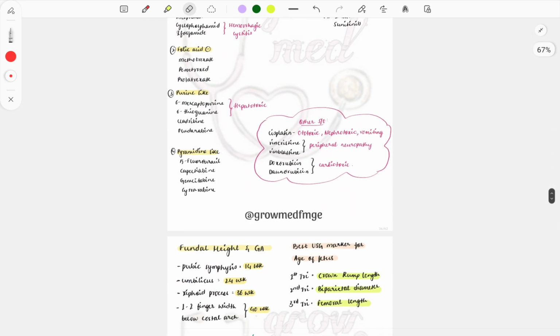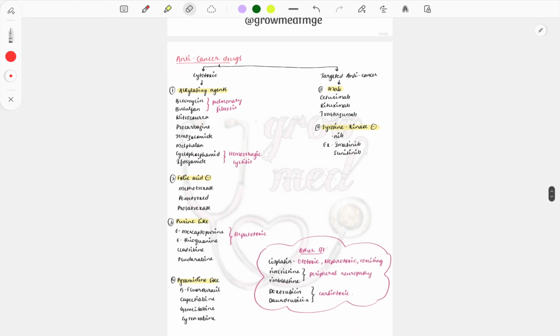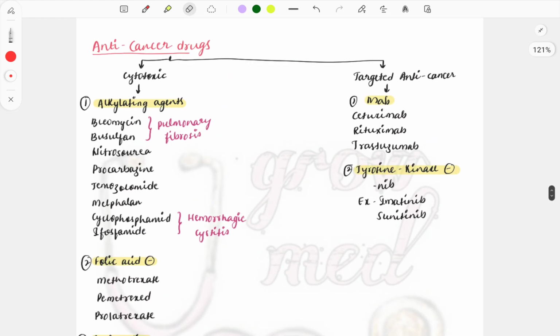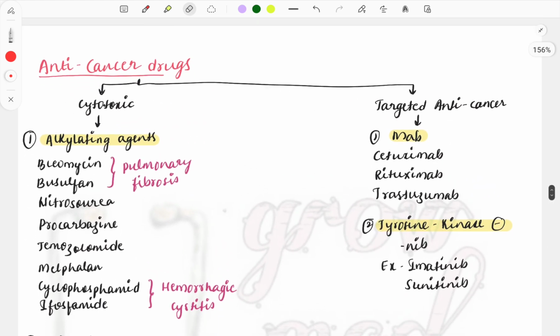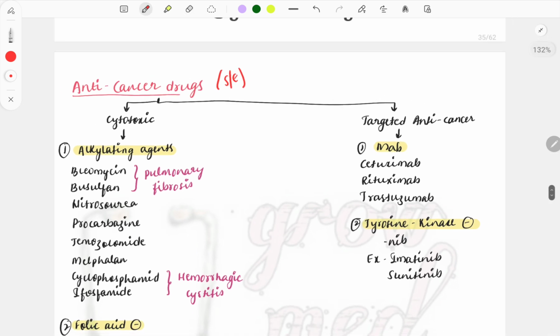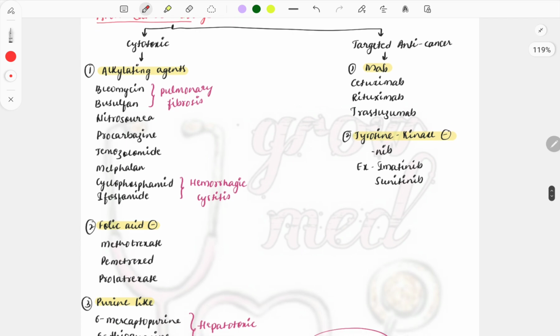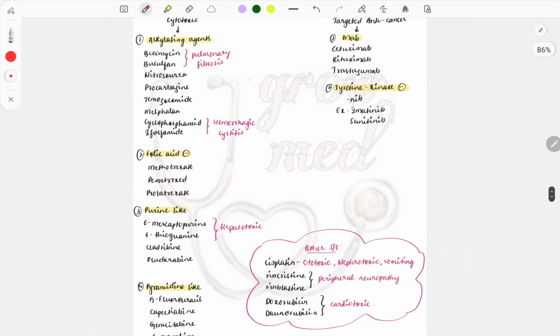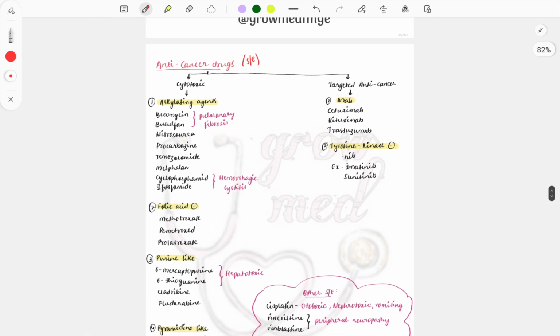Then moving on to another important topic from pharma, that is the anti-cancer drugs, usually the side effects. So the questions are asked on the side effects of these drugs. So let's look at them, and this is the classification. So complete classification and the side effects.